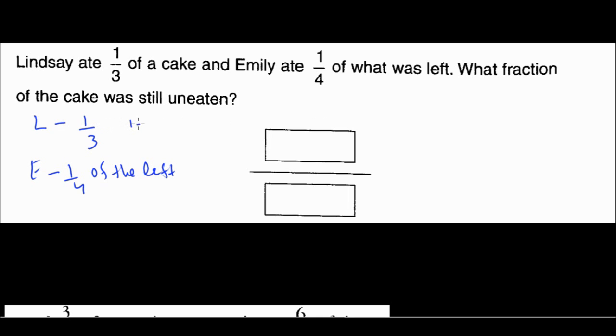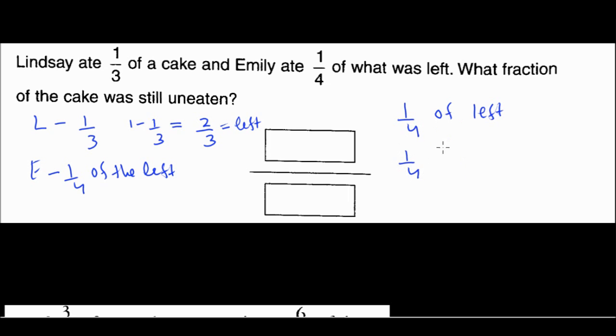Well, what's left is 1 minus 1/3, which again you should never solve by doing the common denominators. If 1/3 is gone, what's left is 2/3. Okay, again, pizza thing. If one slice is gone out of 3 slices, you're left with 2 slices out of 3 slices. Now the question says Emily ate 1/4 of the left. Well, this is the left part. 1/4 of left.